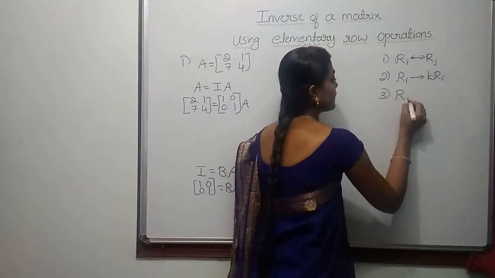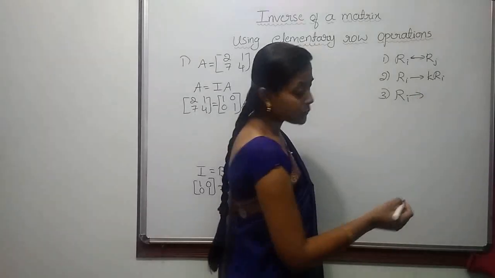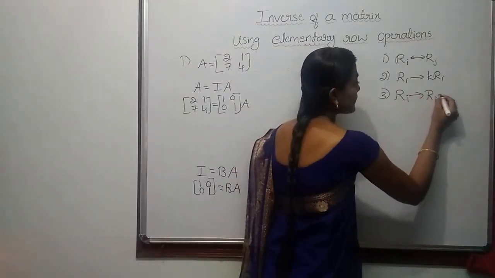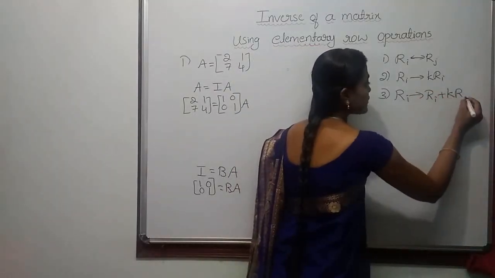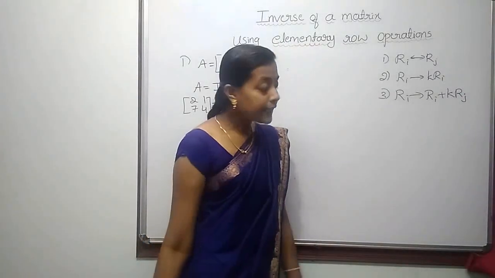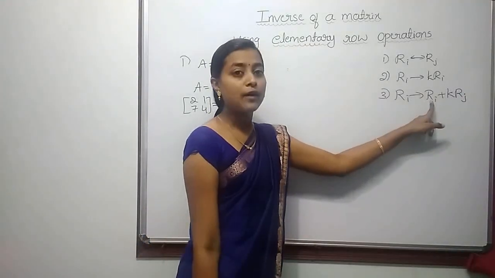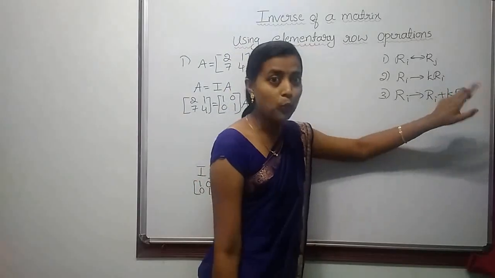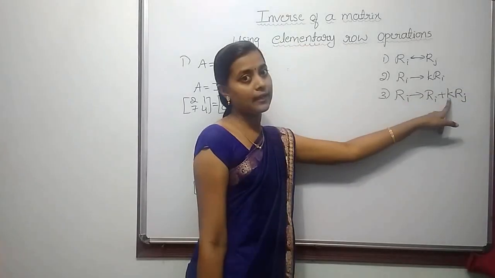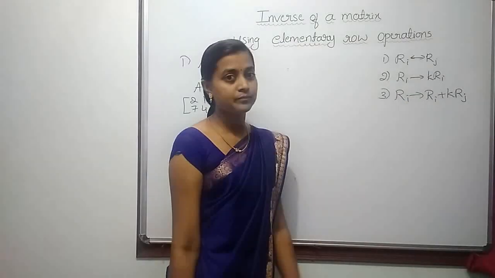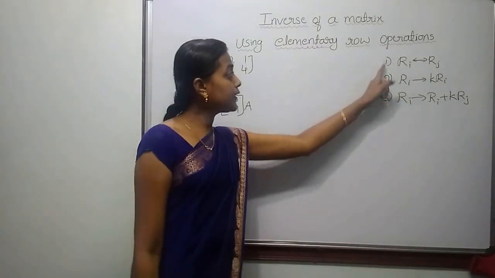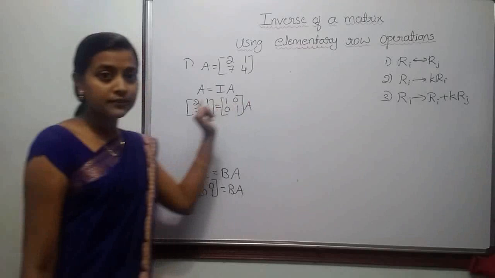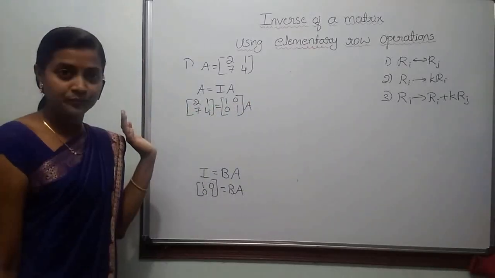Third, Ri changes to Ri plus Krj. Adding elements of ith row to the corresponding elements of jth row, which is multiplied by k. You can use any of these operations to reduce the matrix into identity.